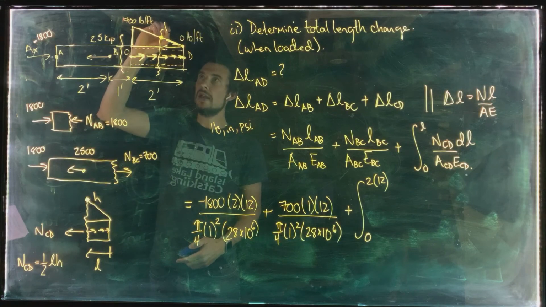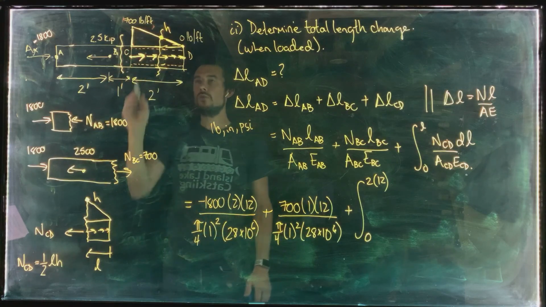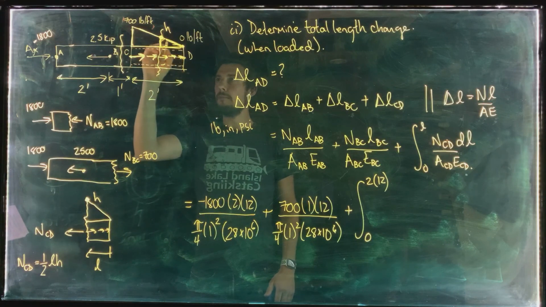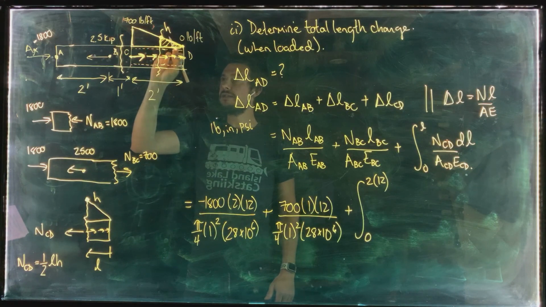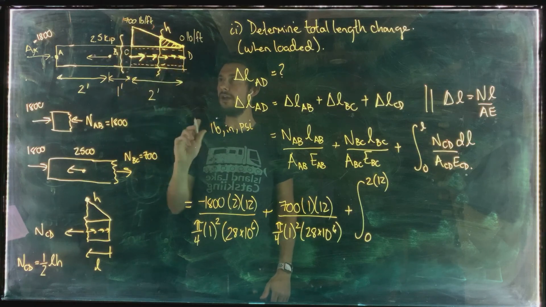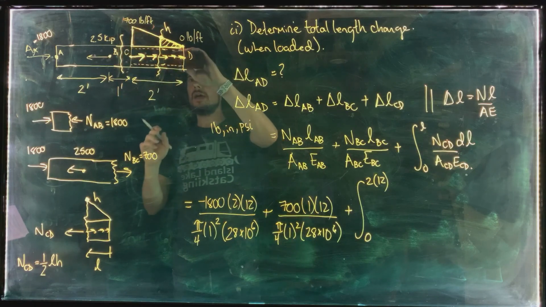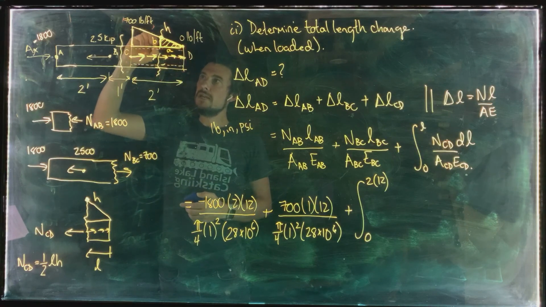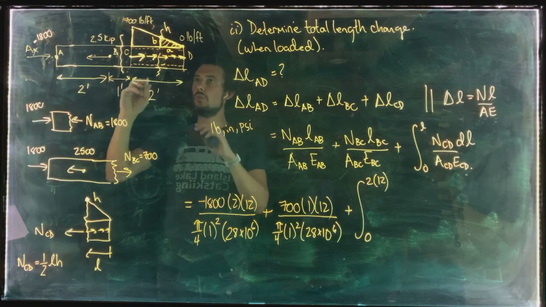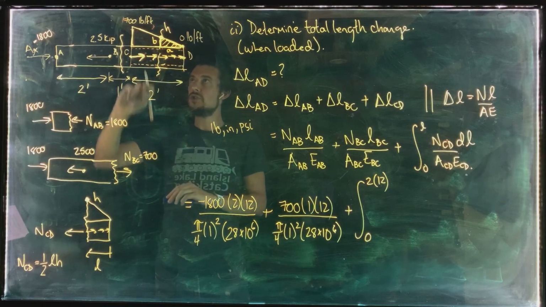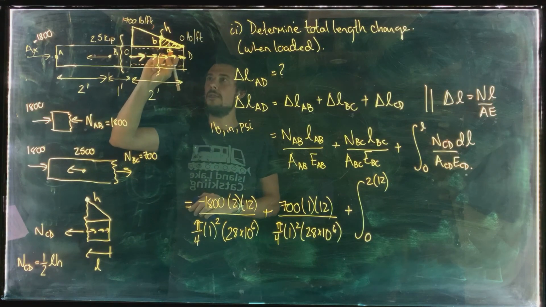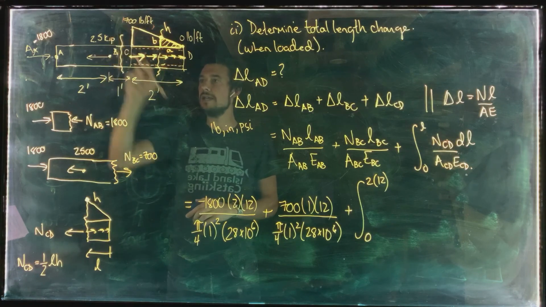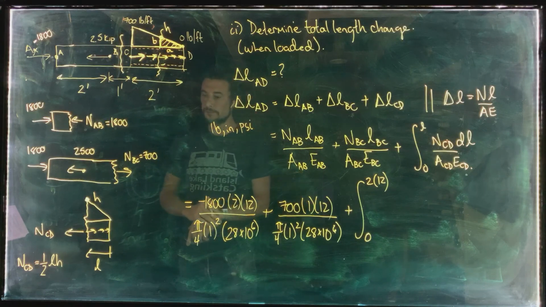Because here's h right up there, and we see that this triangle here that I'm shading in has the same angle as the larger triangle. And that means that the ratio of A to B here has to be equal to the ratio of 2 to 700. So the base to the height of the small triangle has to be the same ratio as base to the height of the big triangle.